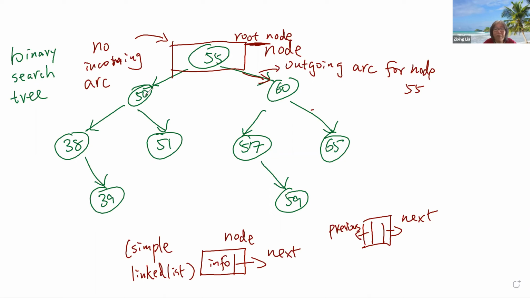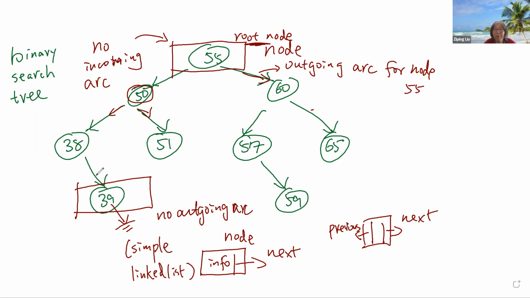All of the other nodes have an incoming arc, and also outgoing arcs. But if we take a look at this node, it has an incoming arc but no outgoing arc. This kind of node, we call it what? A leaf node.